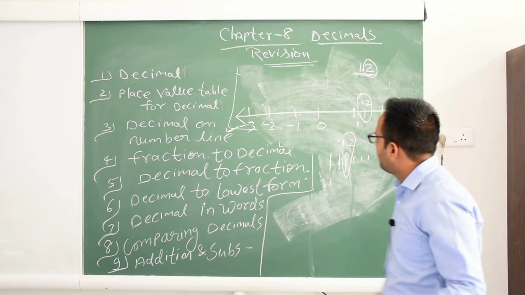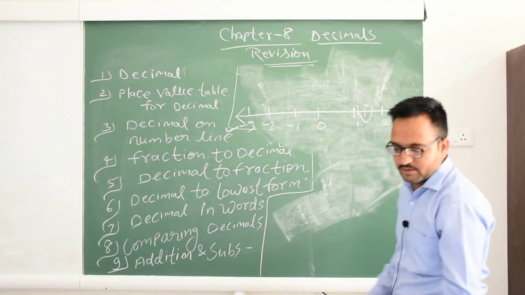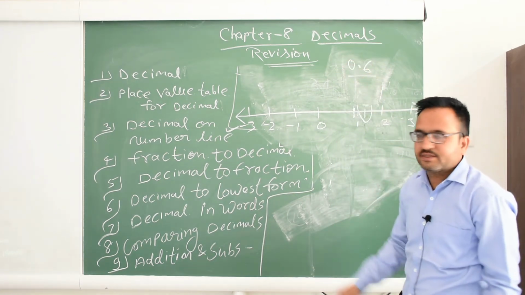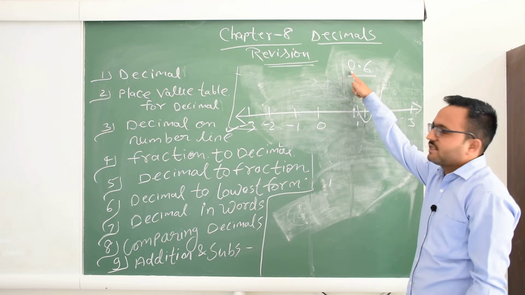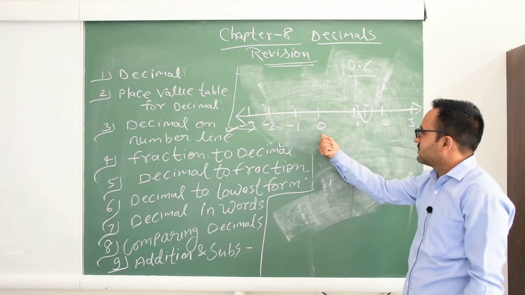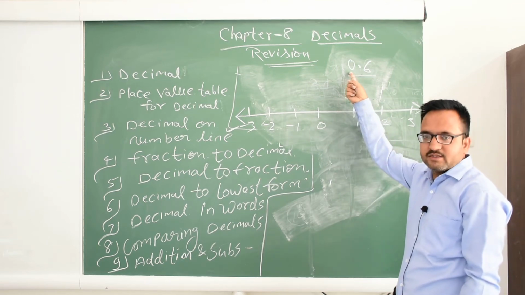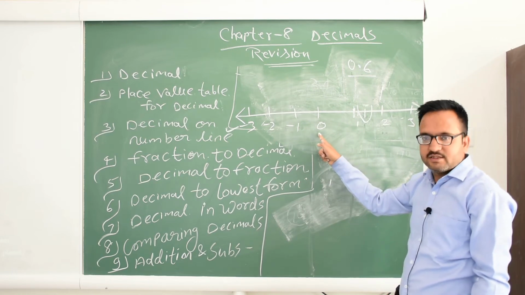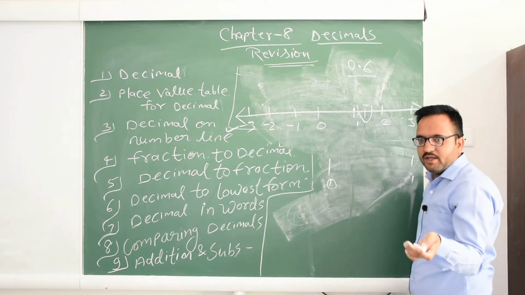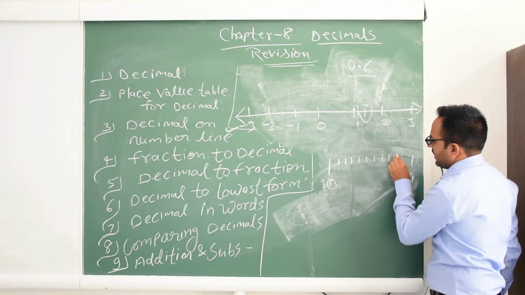We take another example, 0.6. First we consider 0. 0.6 lies between 0 and 1, because our whole number is 0. Again we make 10 equal parts, 1, 2, 3, 4, 5, 6, 7, 8, 9 and 10.